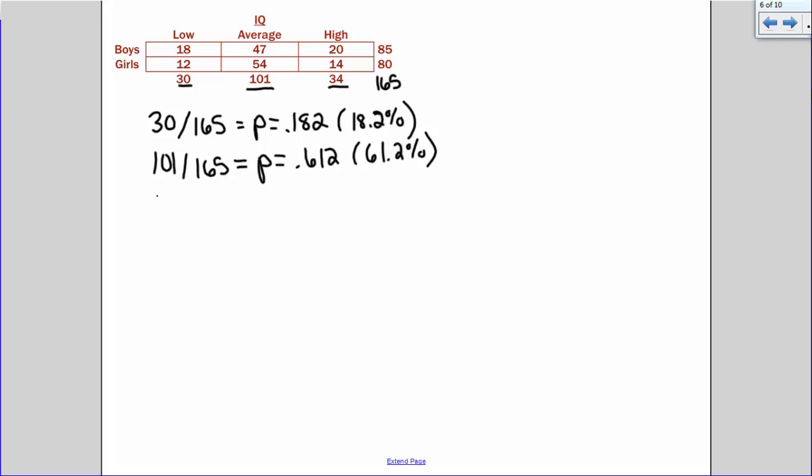Now we also know that 34 out of 165 children in our sample have a high IQ, and 34 divided by 165 gives you a proportion of 0.206, or 20.6%. If there's no relationship between sex and IQ and the null hypothesis is true, we would expect 20.6% of those 85 boys to have a high IQ and 20.6% of those 80 girls to have a high IQ.